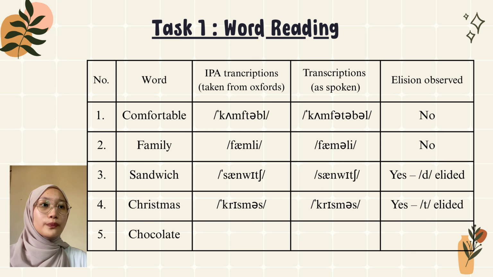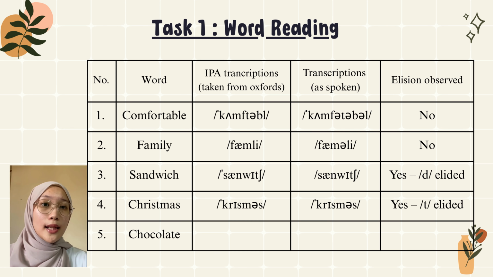When spoken by our participant, the word was also pronounced as Christmas, which matches the Oxford IPA exactly. But it is important to point out that this is already a case of elision. In the full unelided form, the word would be pronounced as Christmas.